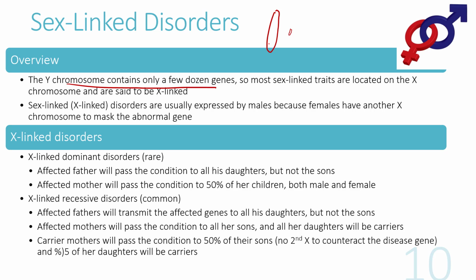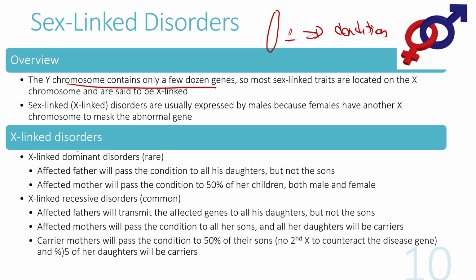If a male inherits a diseased X chromosome, that male will actually have the condition, because males don't have another X to balance it out or to mask the abnormal gene, right?